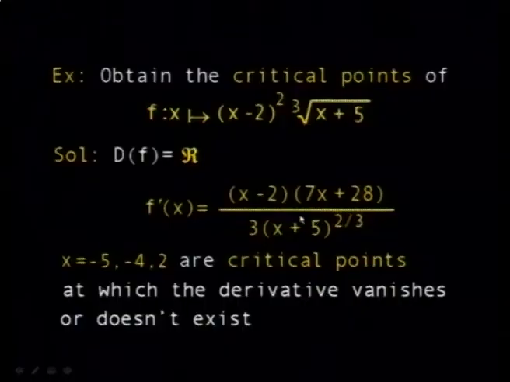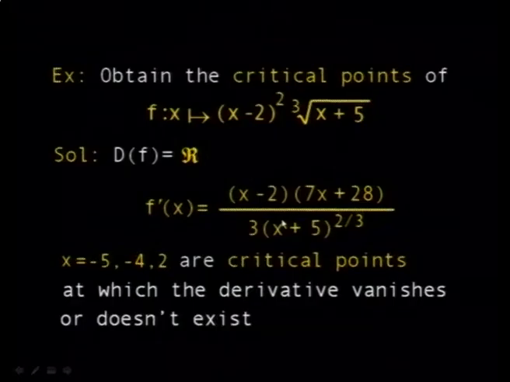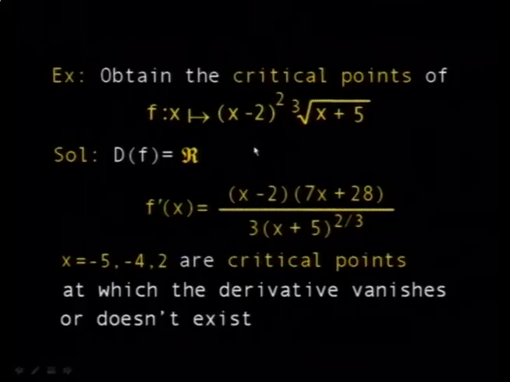In other words, the function may have a maximum or a minimum at this point. We don't know yet; we have to do some tests. But in any case, these are three critical points of the function because they lie in the domain of the function and at them either f dash exists and is equal to 0, or it doesn't exist.